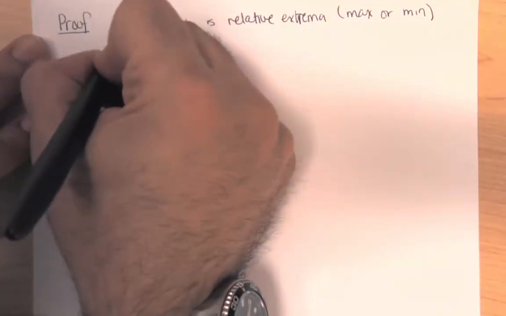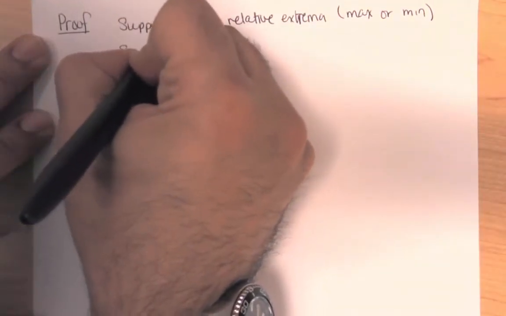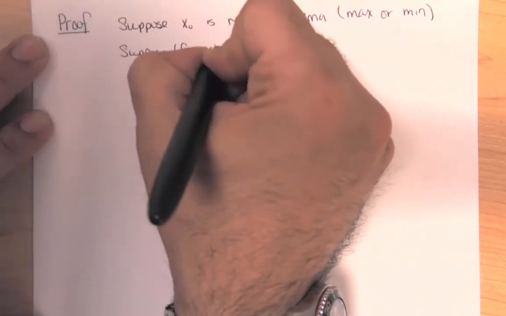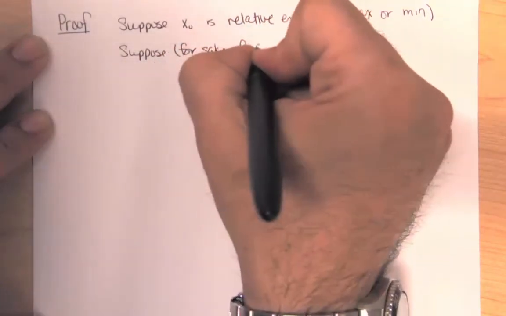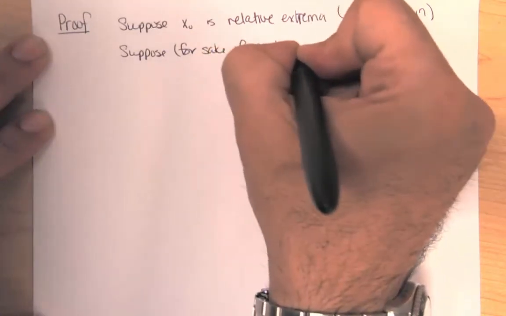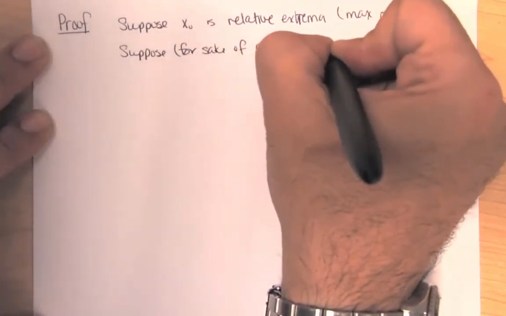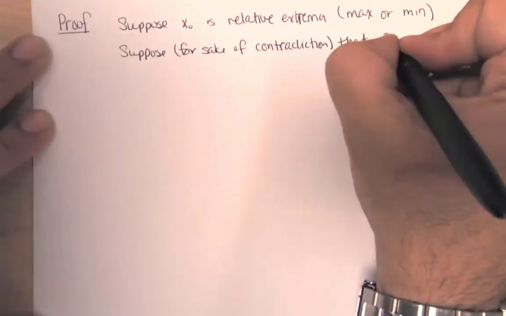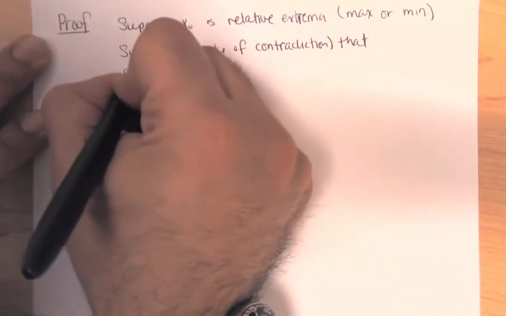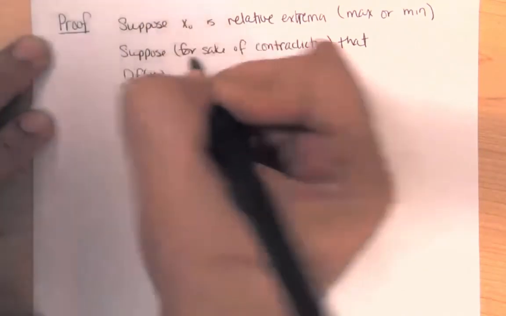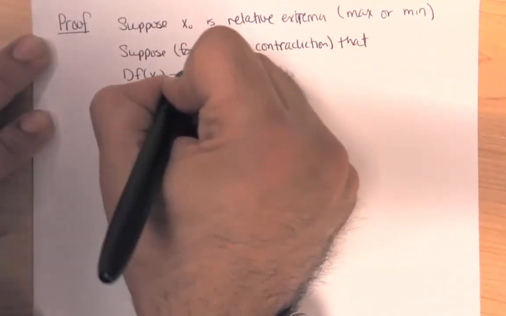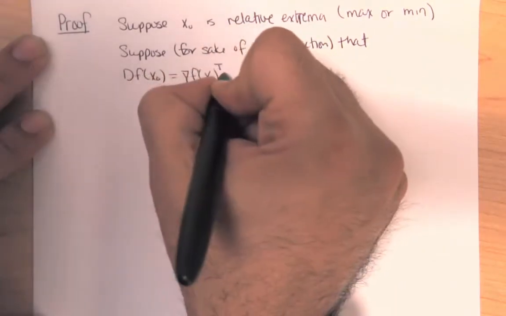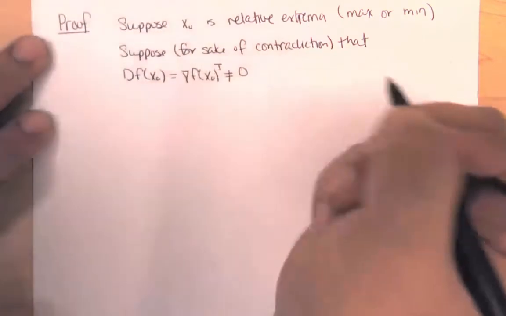Now, suppose, for the sake of contradiction, that the derivative of f at x naught, which is equal to the gradient of f at x naught transpose, is not 0.